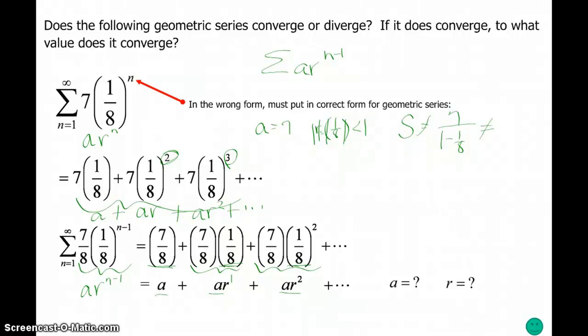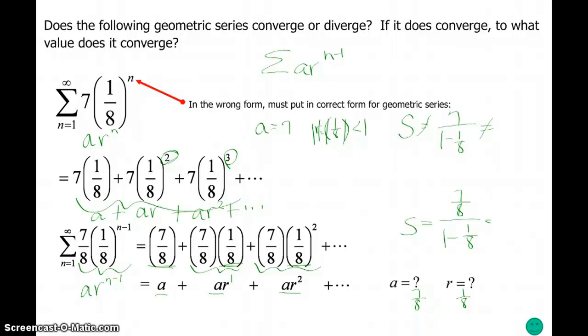All right, so here a is 7/8, r is still 1/8, but you can see that the sum would wind up very different from what we were originally going to get when it was in the wrong form.